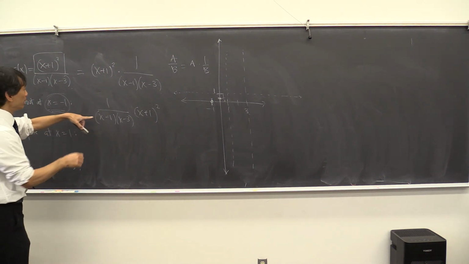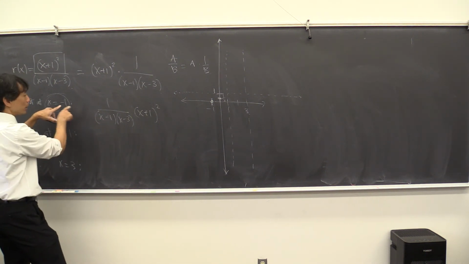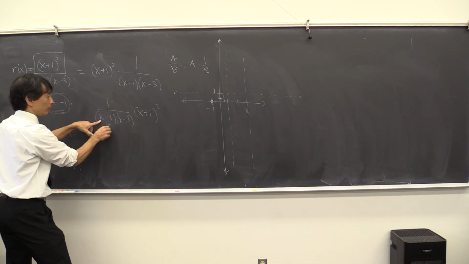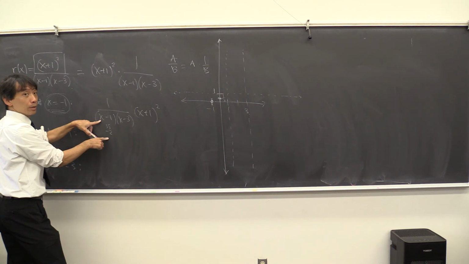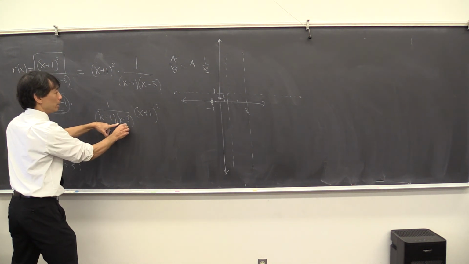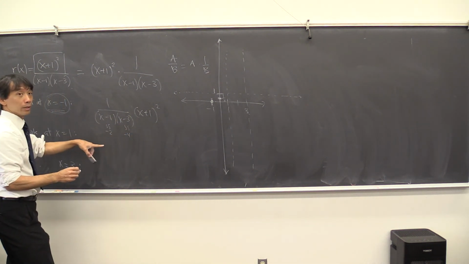So then you let x go to -1. When x goes to -1, this thing becomes -2. What happens to this thing? Well, if x is -1, this factor is going to be a -4.